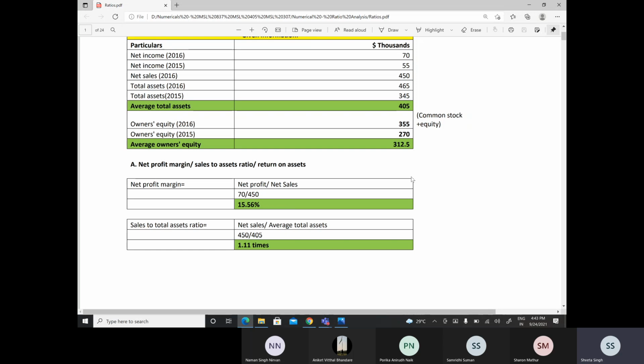Now based on these numbers, we have to calculate the net profit margin, the sales to assets ratio, and the return on assets. So first we calculate the net profit margin, which is nothing but net profit divided by net sales. So that is 70 divided by 450, that is 15.56% for 2016. And the sales to total assets ratio is net sales divided by average total assets. So net sales is 450 divided by 405, that is 1.11 times.